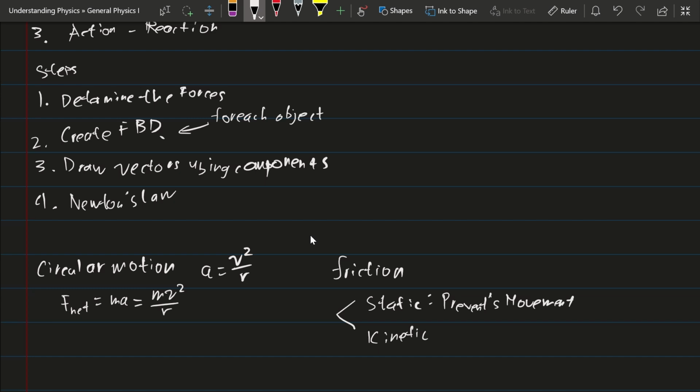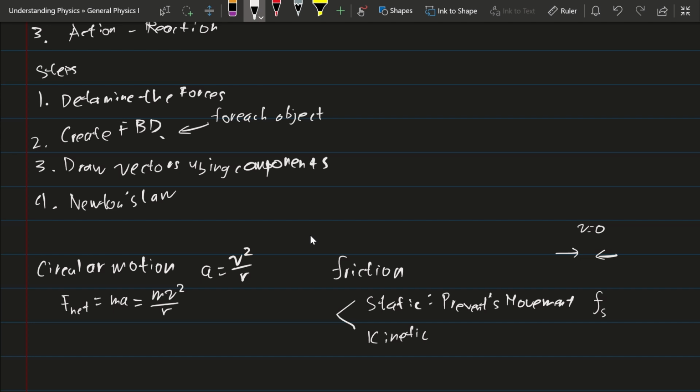This basically means that the force in one direction must be equal to the force in the other direction, where the velocity should be zero in the first place. The way that we write this is Fs, the friction force.